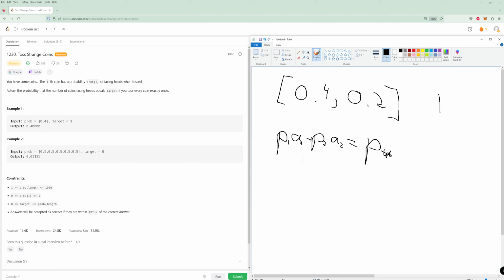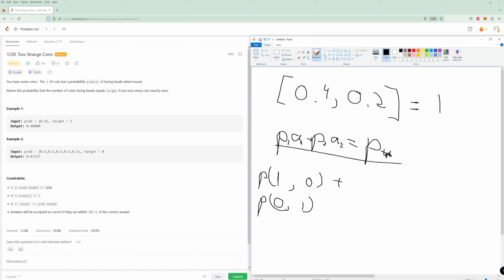Knowing this, we can figure out what are the different ways we can get 1. We can get a 1 and a 0, or we can get a 0 and a 1. And the probability of either of these things is just P of this happening plus P of this happening.